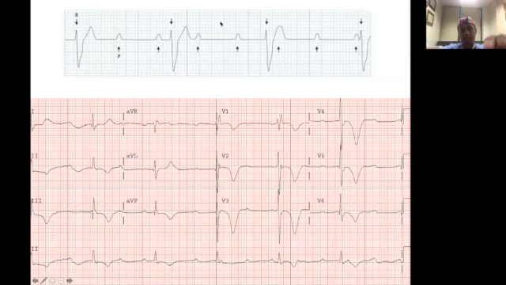And you can see that the ventricular rate is constant on its own, meaning from this QRS to this QRS, it's the same amount of length between the QRSs. And the length between each of the P's is the same. So the atrium is doing its own thing at a regular rate. The ventricle is doing its own thing at its own rate, but slower, but they're not talking to each other.